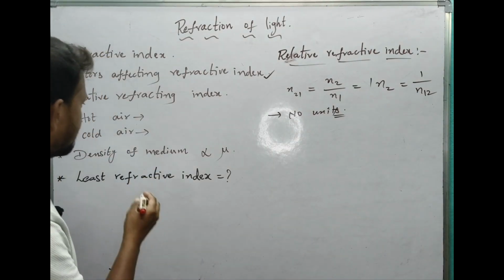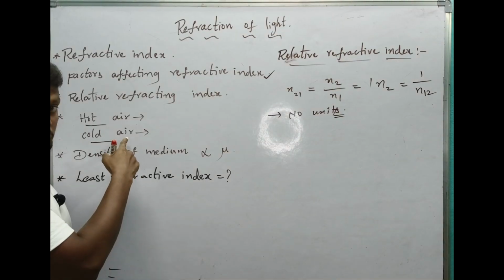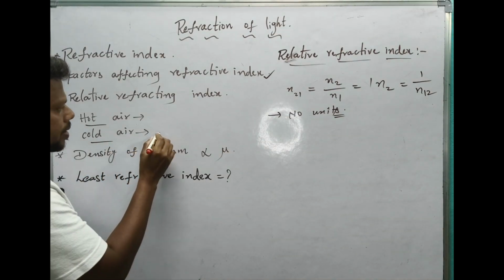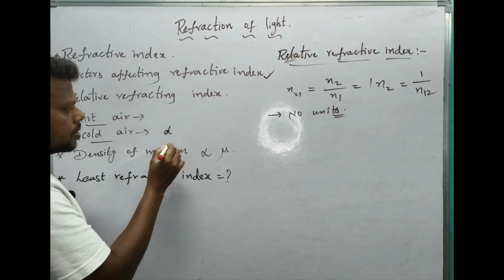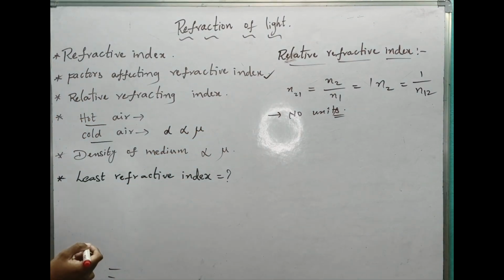After that we have hot air and cold air. Which one has a higher density? Yes, cold air has a higher density. So the density of the medium is directly proportional to the refractive index. More density, more refractive index.